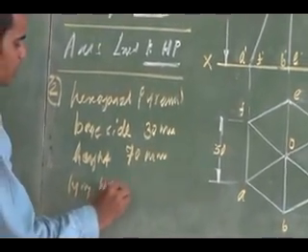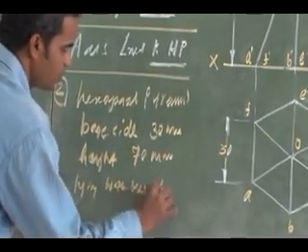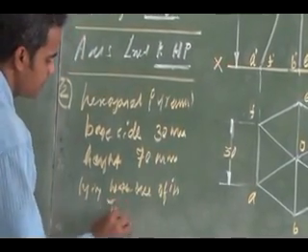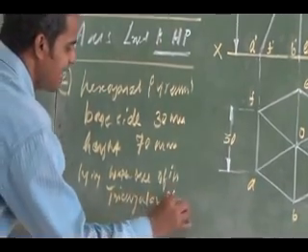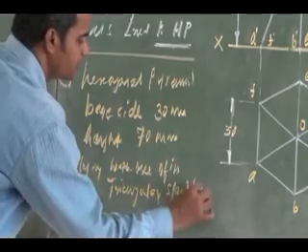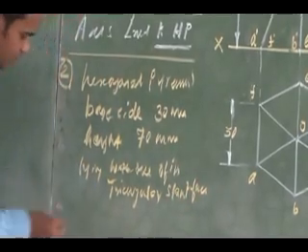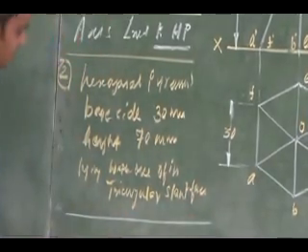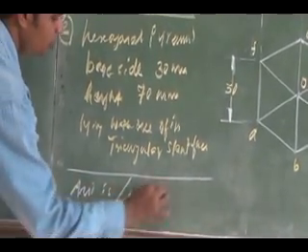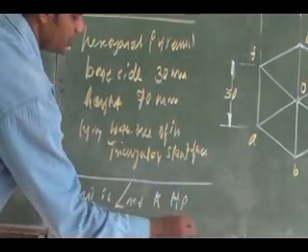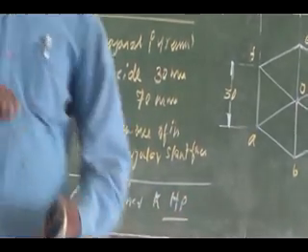So the hidden data here is that the axis is inclined to HP.